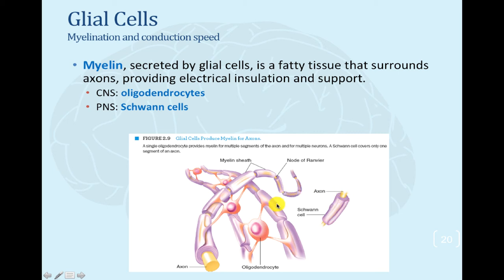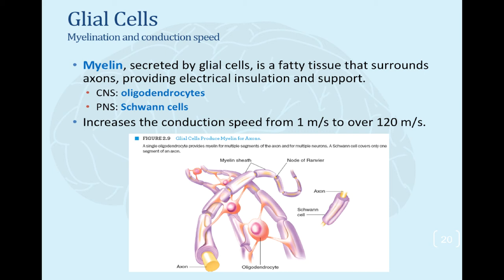That does not happen in the central nervous system. Regrowth of axons in the peripheral nervous system is fairly common, because the Schwann cells make that helpful little tunnel for the regrowth.